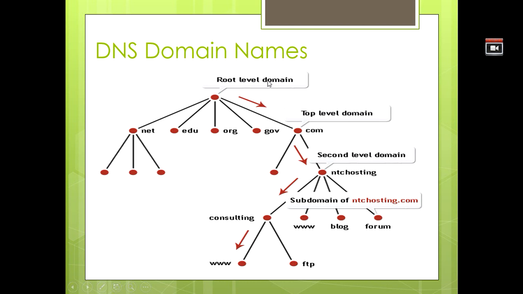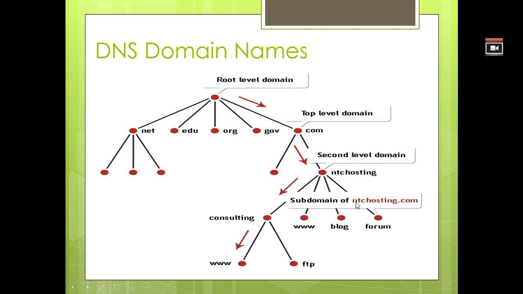Top level domain consists of the extensions after the dot like .net, .edu, .com, and so on and so forth. In second level domain, we are giving the system a name.